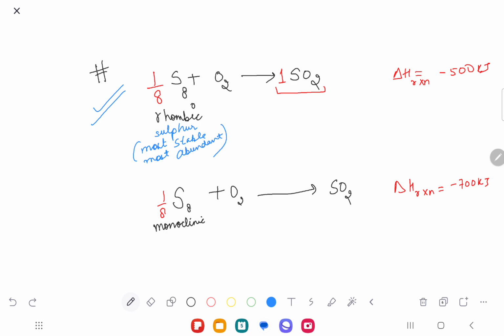You understand? So delta H reaction will be minus 500 kilojoules. Understood or not? Right? So this shall be the heat of formation. Any doubts in this? Okay? That is the concept. Understood?